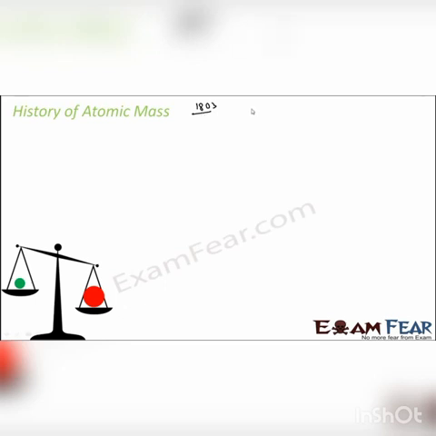He suggested that the mass of a hydrogen atom be 1 unit. So he suggested, let's consider hydrogen as 1 unit, and that is a natural unit for atomic weight.